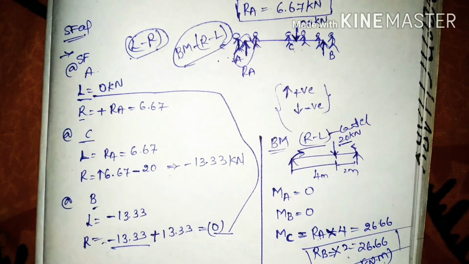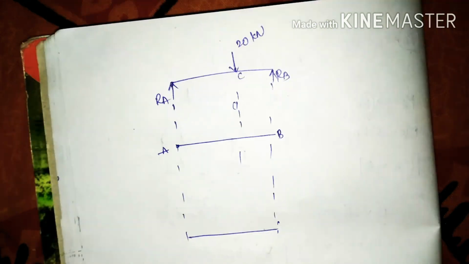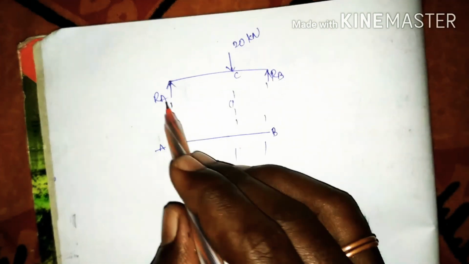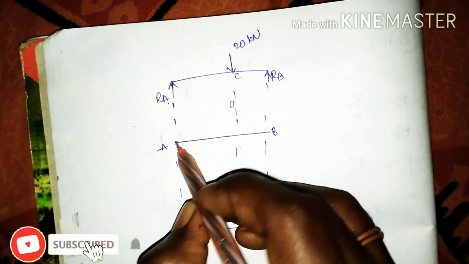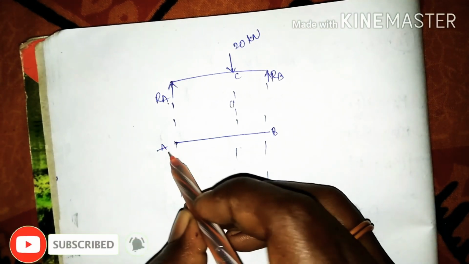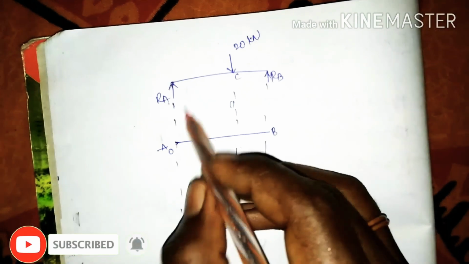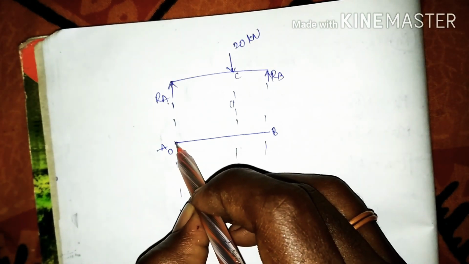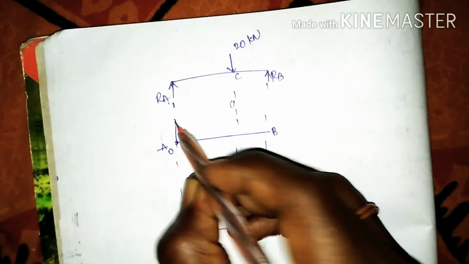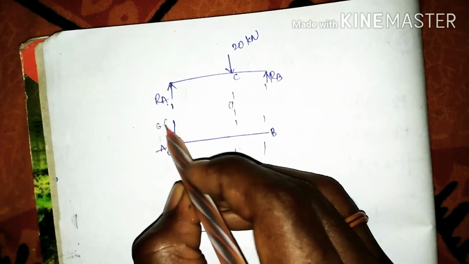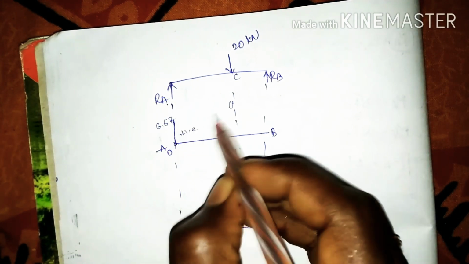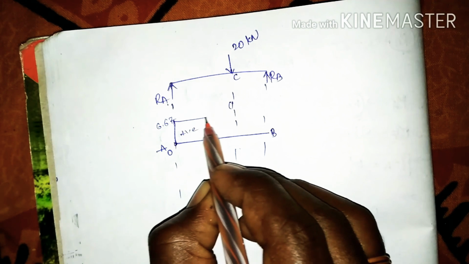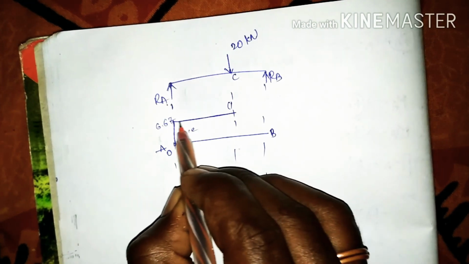From these shear force and bending moment values, we are going to draw the shear force diagram and bending moment diagram. At A, for the left of the A we have 0, and for the right of the A we have a value of 6.67, in the positive direction. Moving on to the C with the same magnitude, up to the C we have the same value.